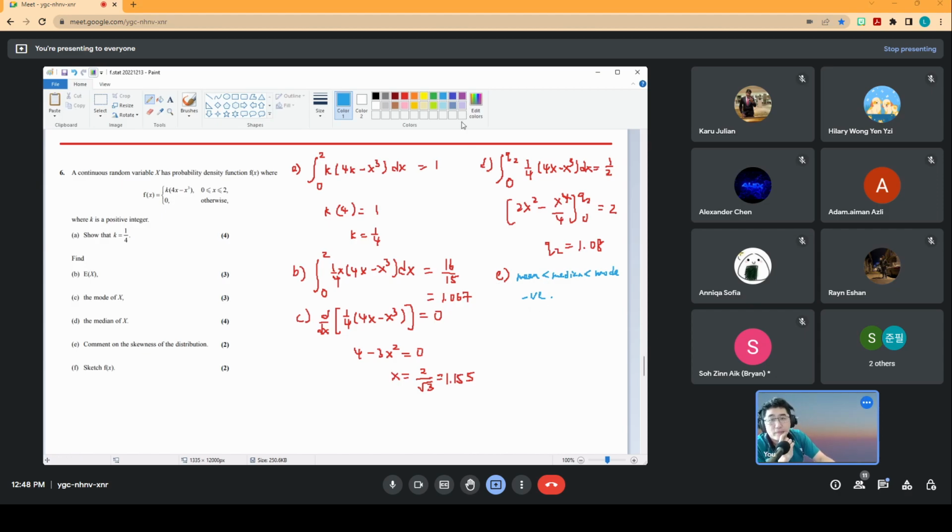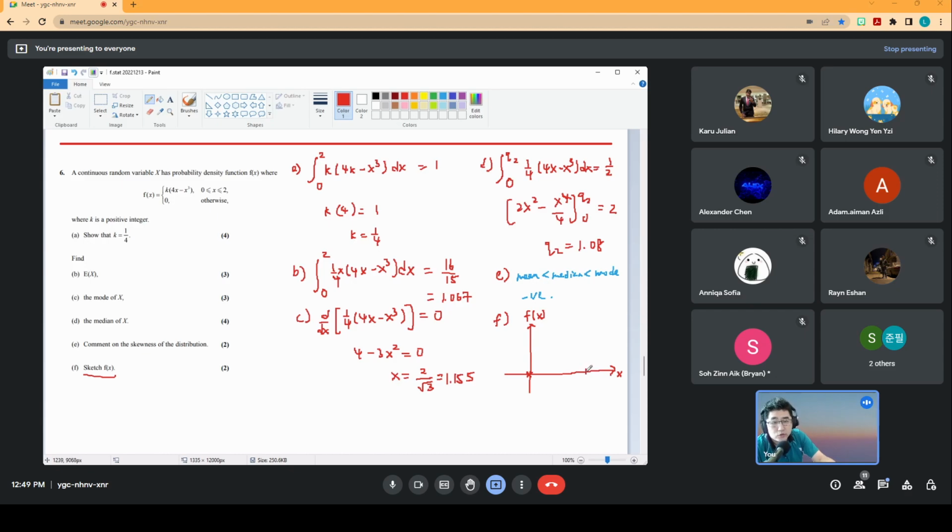Okay, never mind. For F, you are expected to know how to do sketching as well. Graph. Okay, so this is 0 to 2. No, 0 is 0.